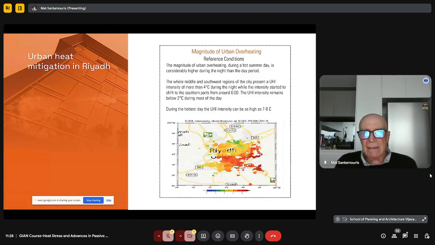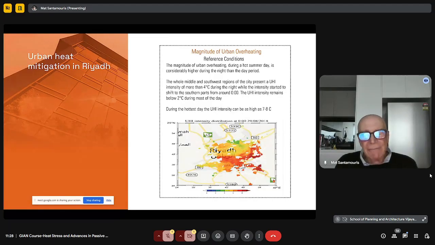Why do we have higher distribution or differences during the night? This has to do with the global radiative cooling in the city. In some areas, radiative cooling is much, much higher. In some others it is much lower.